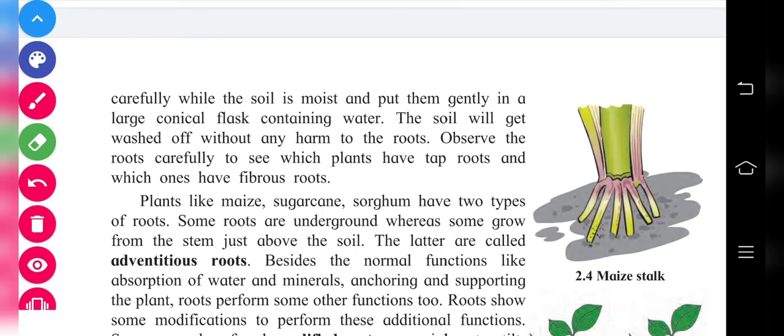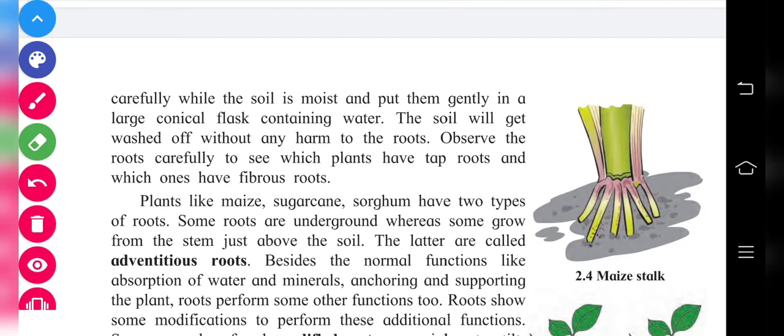Which are the fibrous plants? The plants like maize, sugarcane, sorghum have two types of root. Some roots are underground while some grow from the stem just above the soil. The latter are called adventitious roots. What is an adventitious root?